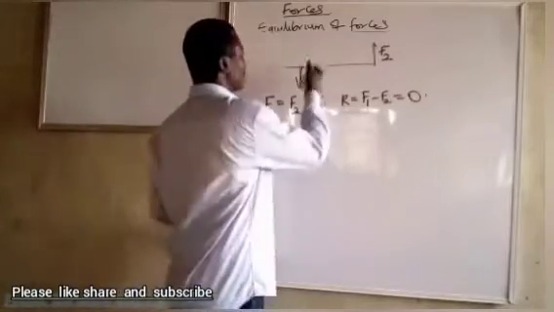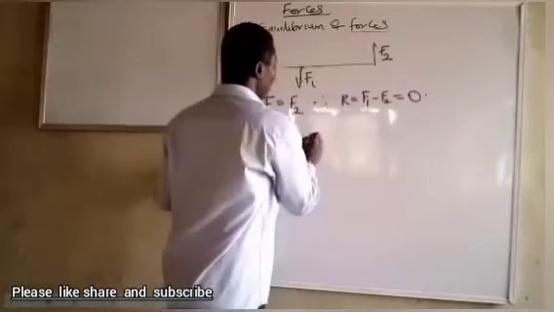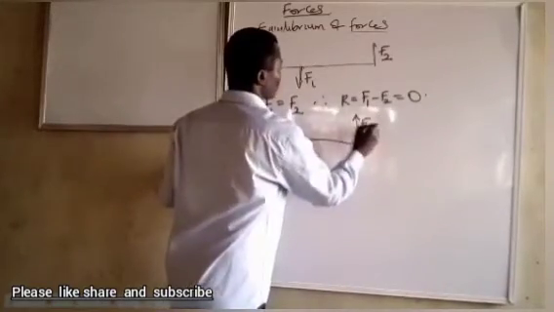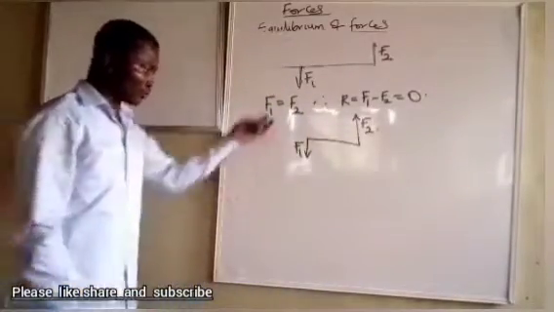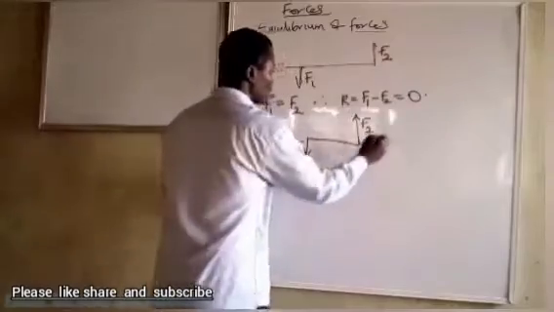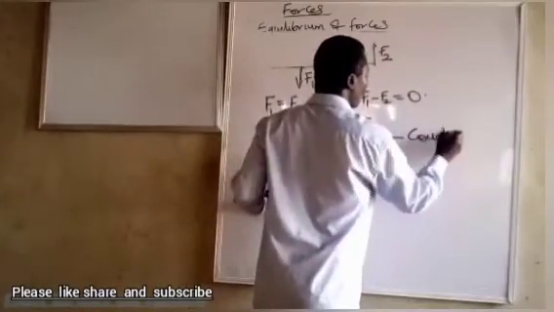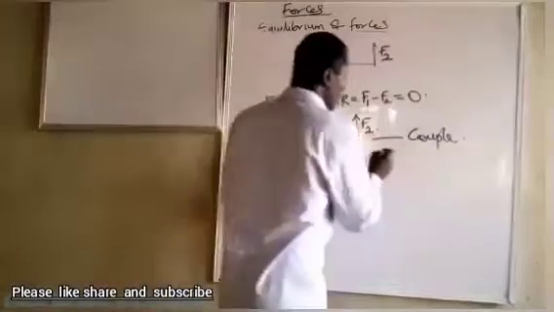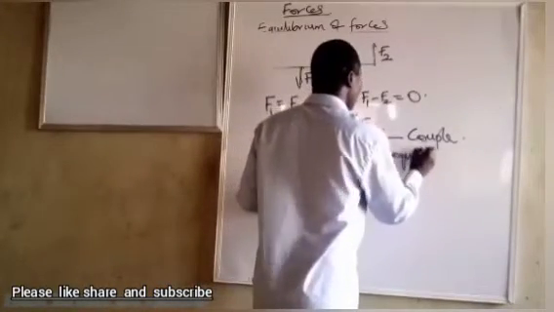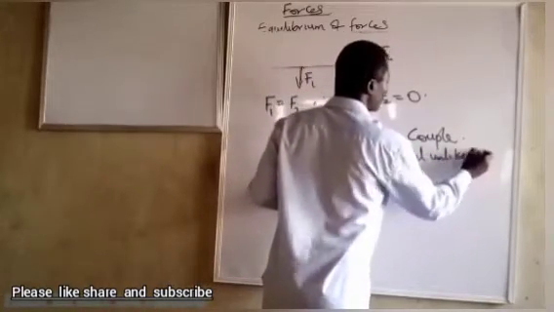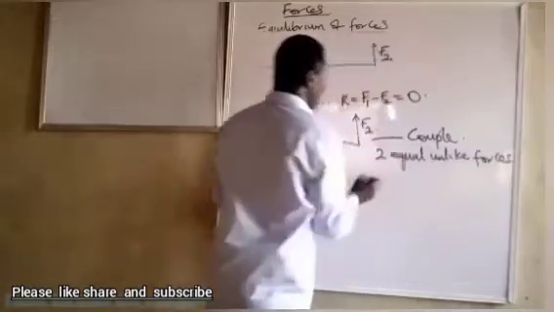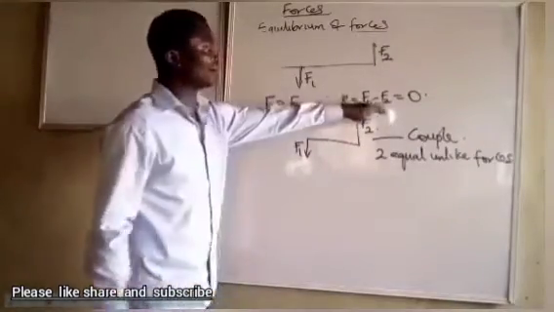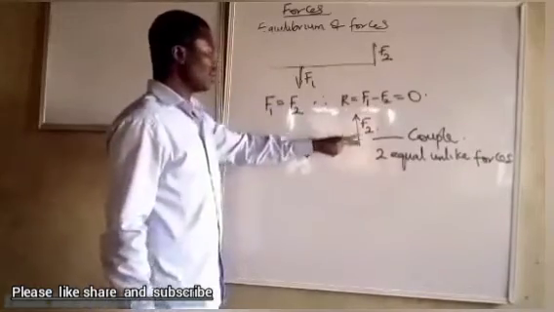And sometimes it might just be from here to here even. You can even have it like this. So we are going to have something we call a couple. When two equal unlike forces act on the body, we have what we call a couple. So we have moments, but we don't have a resultant force.